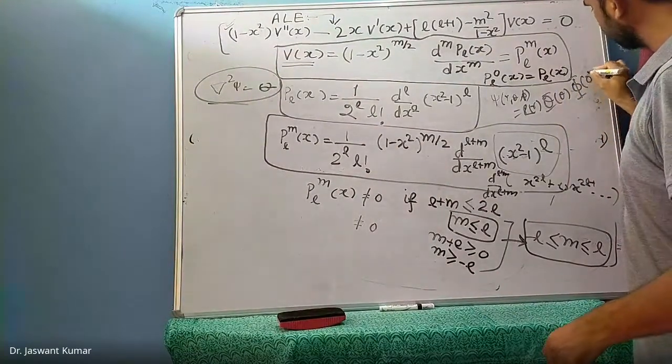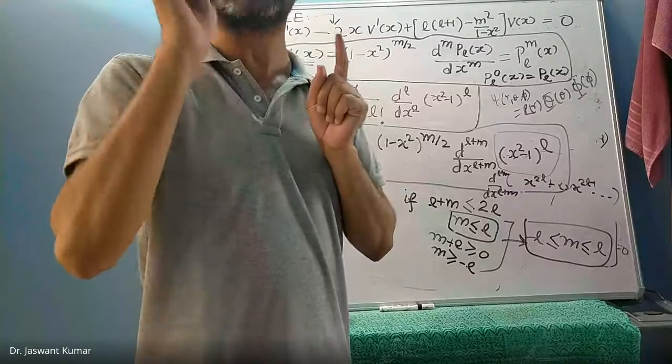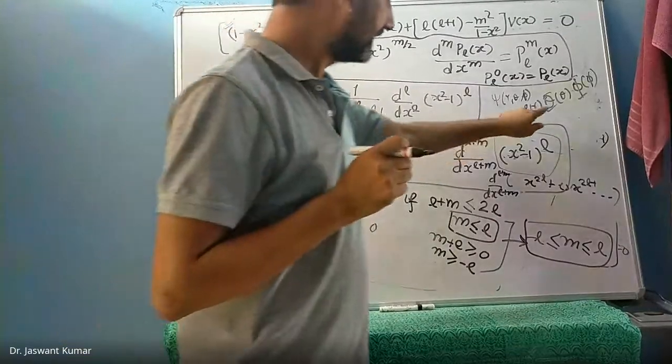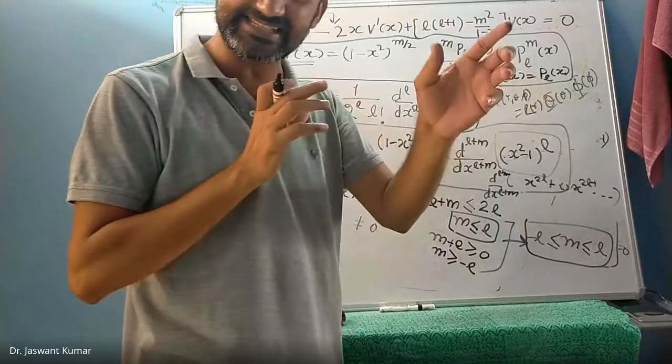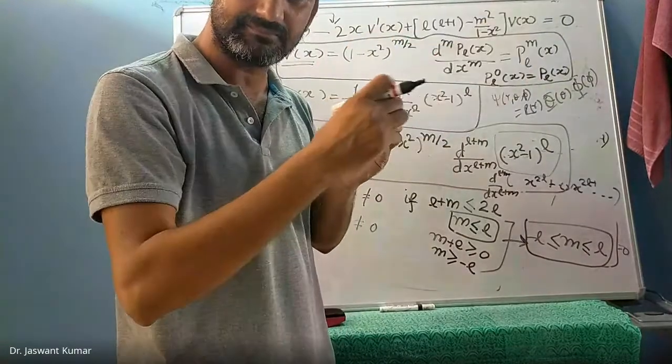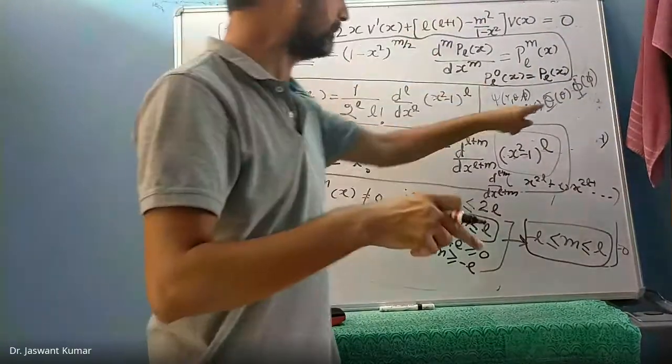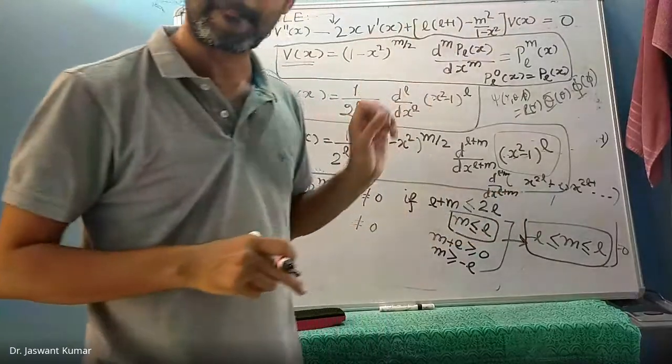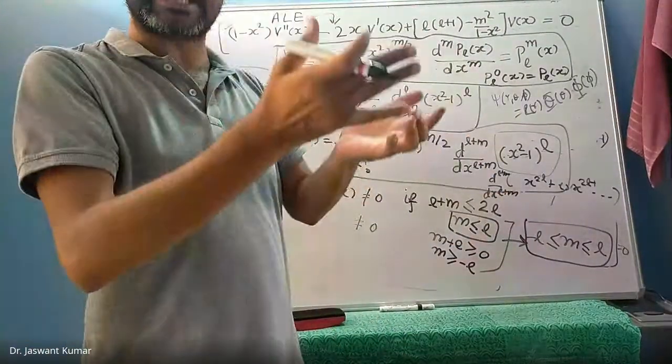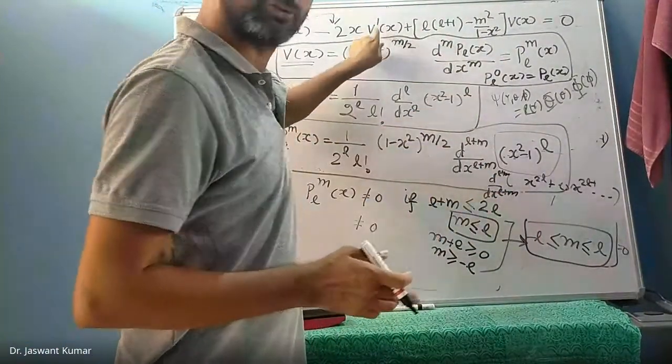You remember this? And this capital theta is proportional to PLM. This theta, children, satisfies this equation.